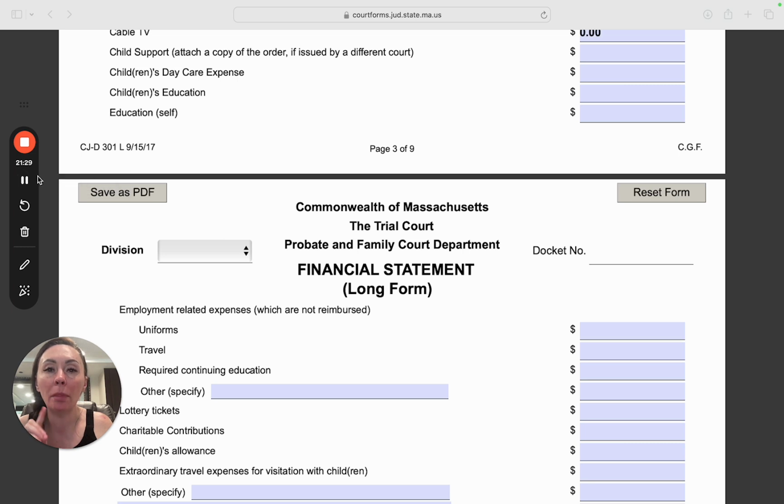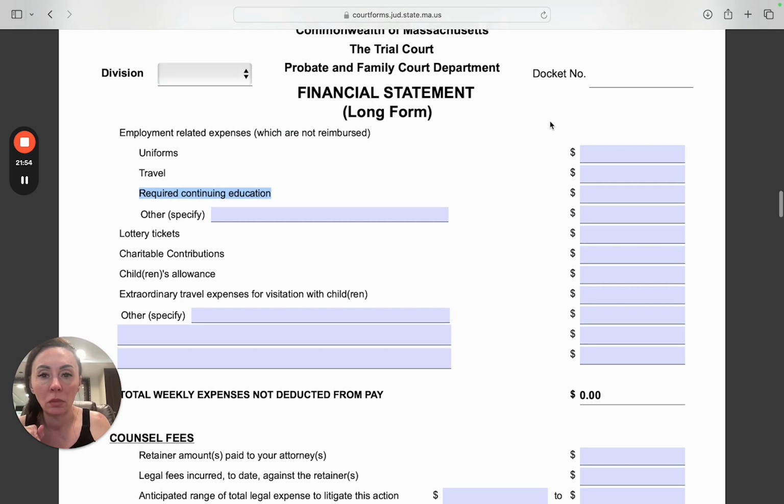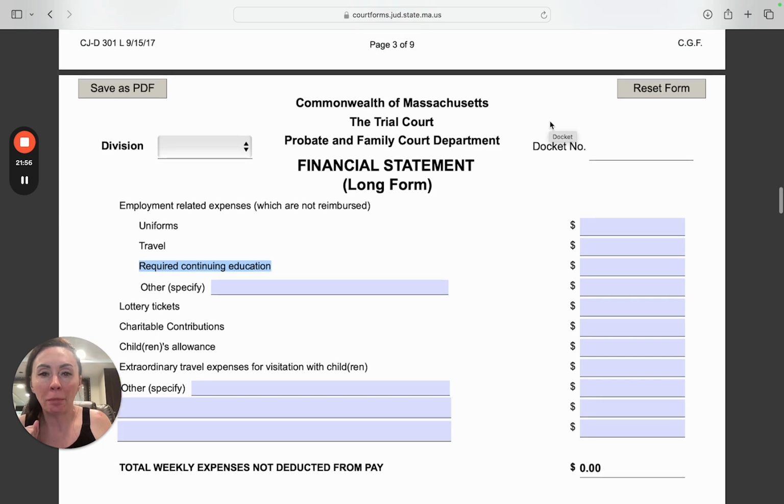Only your personal education, likely post-secondary education, or maybe you're taking some non-credit classes just for personal growth and development, gets reported there. If you have to take CPE or CLE or any required continuing education, that actually gets reported on this line here. So I take back what I said earlier.